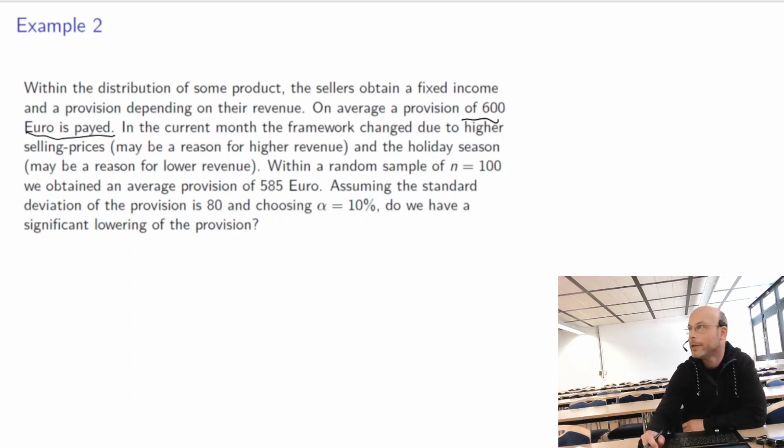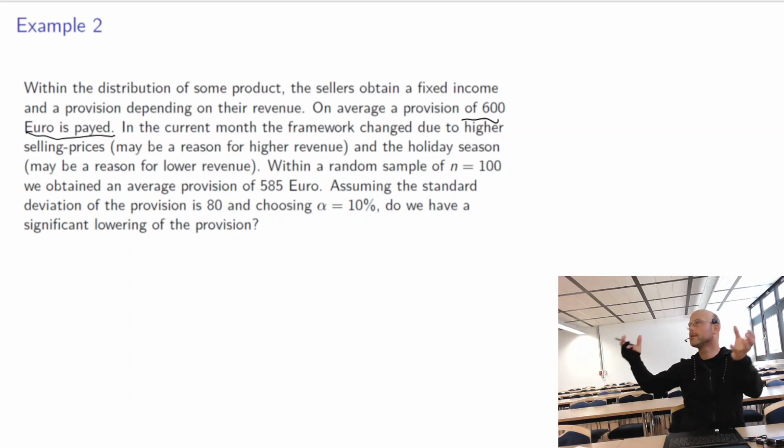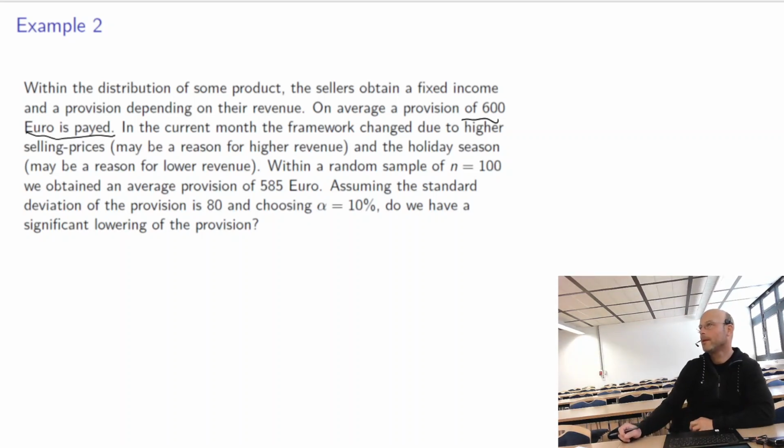Well, we know just here in our times, actually, all prices go up. And if I'm selling for higher prices just because the price level in the whole country has increased, then of course my nominal revenue is higher.